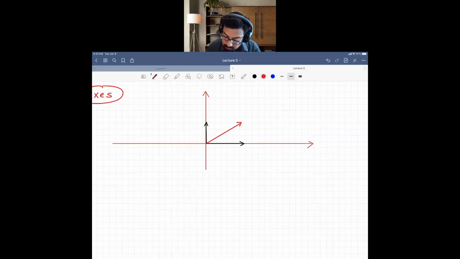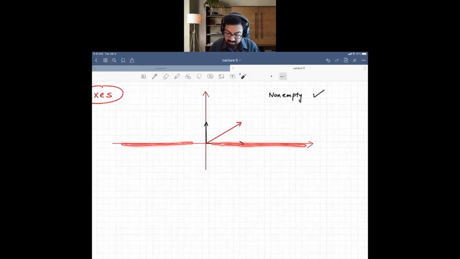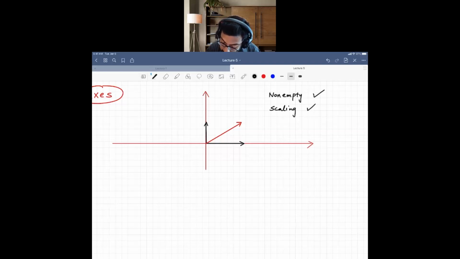Well, if you look at the first criterion over here, non-empty, that condition is going to be okay, because clearly you have all these satisfying the criteria to be in that subspace. So that's fine. It is not empty because I have a lot of points here and on the vertical axis as well. Addition is a problem, but scaling is okay.